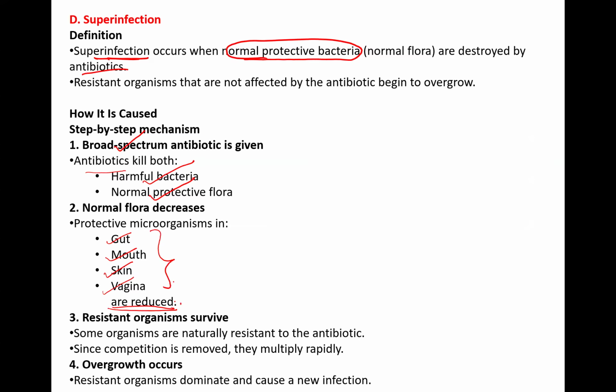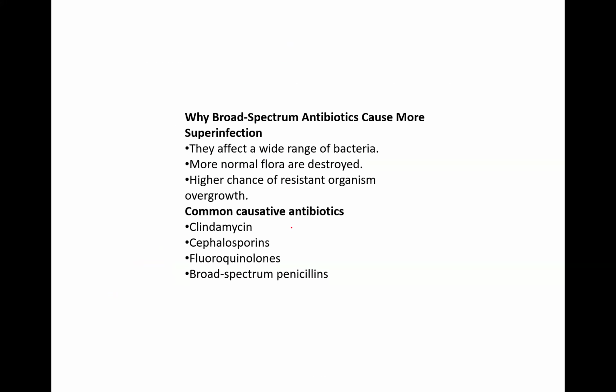Some organisms in this normal flora that are naturally resistant to the antibiotic can then multiply rapidly. Overgrowth occurs, and these resistant microorganisms dominate in number and effect and can create a new infection. That is known as superinfection.